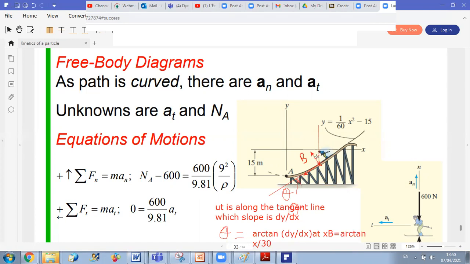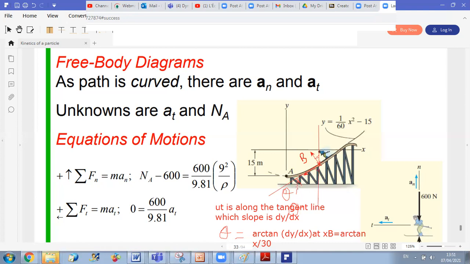Other method: since ut makes an angle theta with x, it will make with y an angle of pi over 2 minus theta. So between ut and y the angle is pi over 2 minus theta. And because there are 90 degrees between un and ut, between un and y it will be theta. So you can demonstrate by several methods that the angle between un and y is equal to the angle between ut and x.